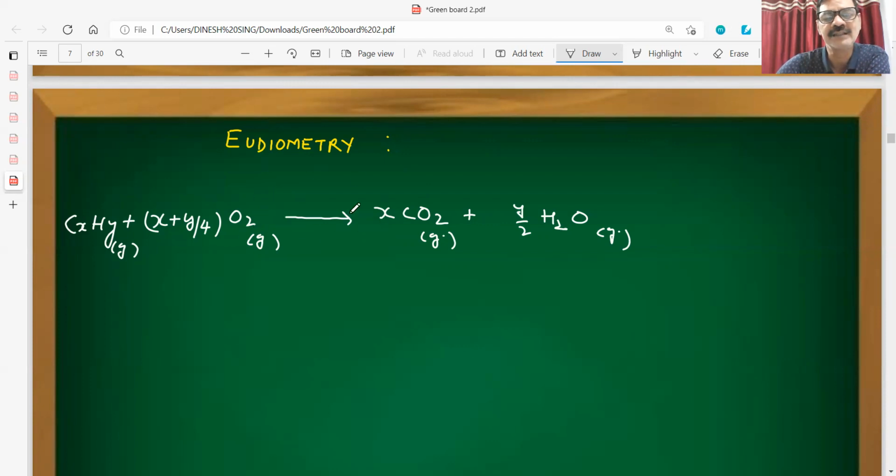When the gaseous mixture is passed through KOH solution, KOH will absorb all the CO2. So the contraction in volume after passing through KOH will tell about the volume of CO2 formed in the reaction. The remaining volume will be the volume of oxygen left after combustion. If other gases are there, we can also use something else to absorb O2. That we will explain again.